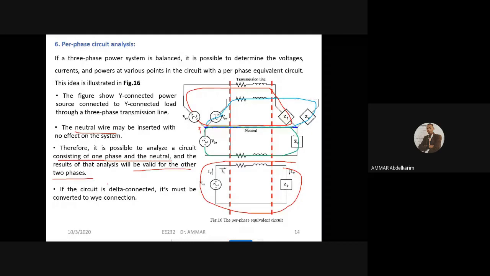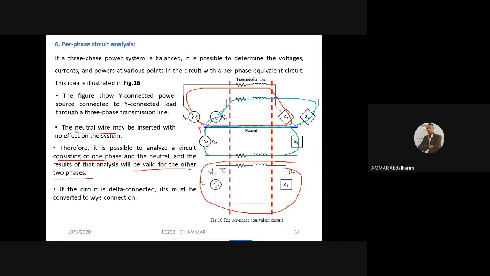This is the key to solving the problems of the three-phase system. Of course, the condition here is that it must be a balanced system where all the phases are identical.